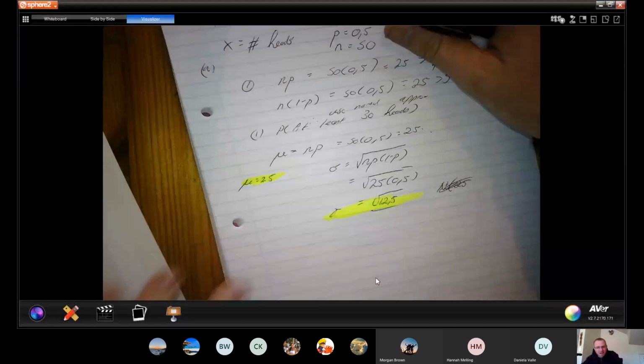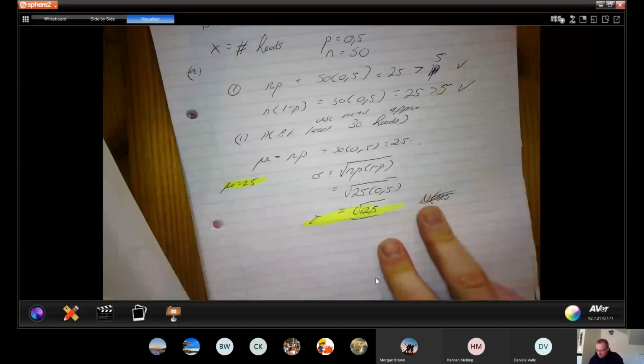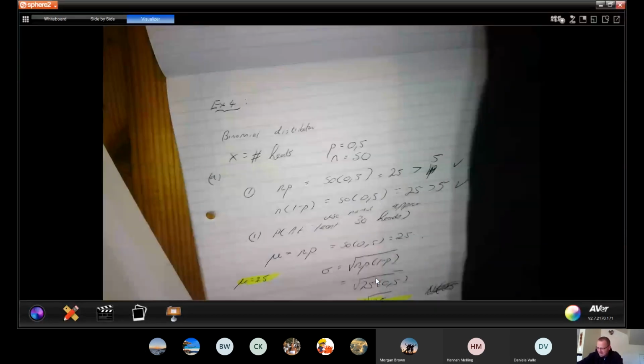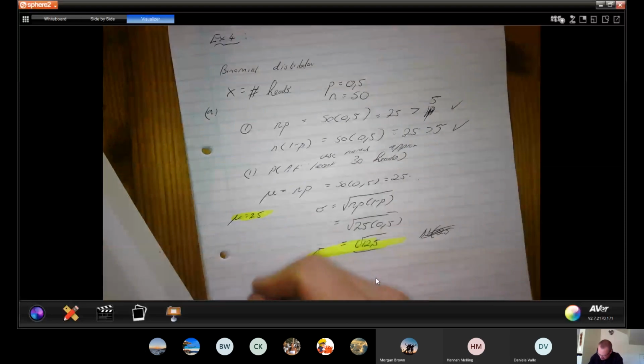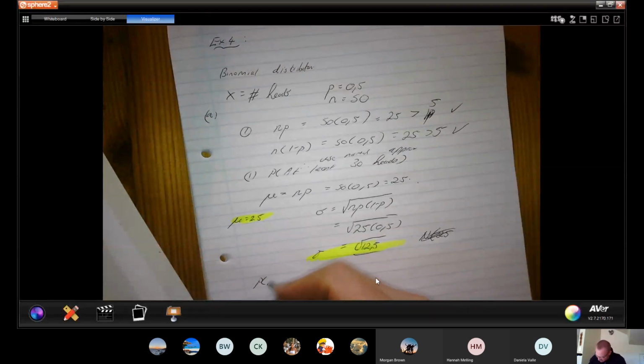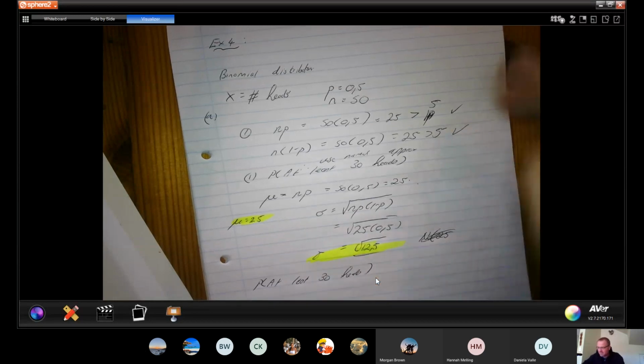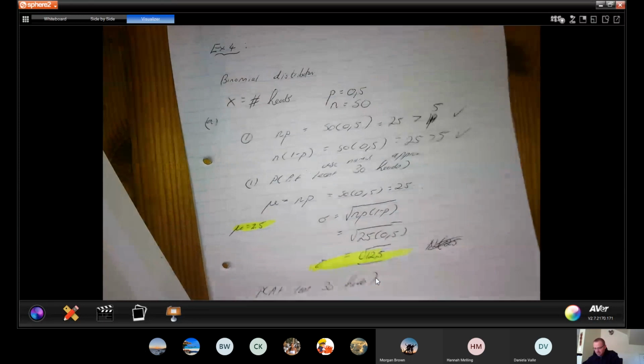So now the question is, what's the probability that x is at least 30 heads? I'm going to go over to the next page.